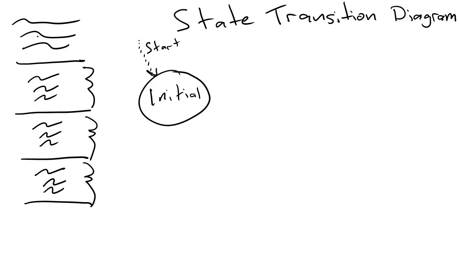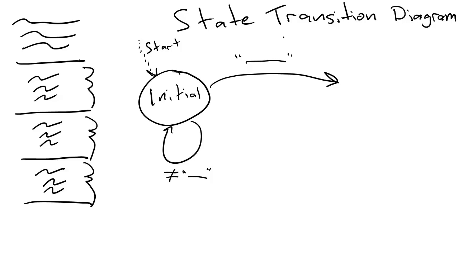Then, as we process each line, for each line, if it's not one of these special dash lines, then we stay in the initial state. So maybe I'll just say not equal to dashes. In other words, in our initial state, if our input is not equal to dashes, then we stay in the initial state. If, on the other hand, we did get one of those dash lines, then we're going to go into our processing state.